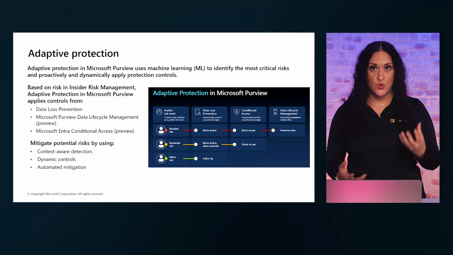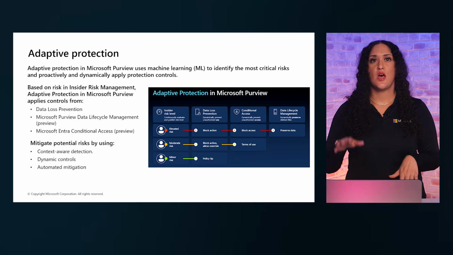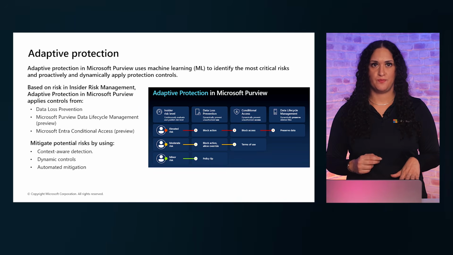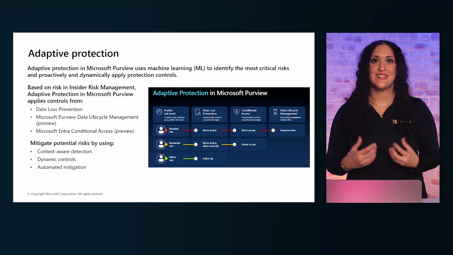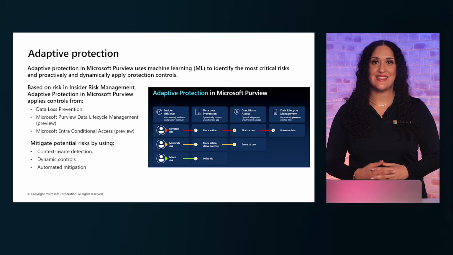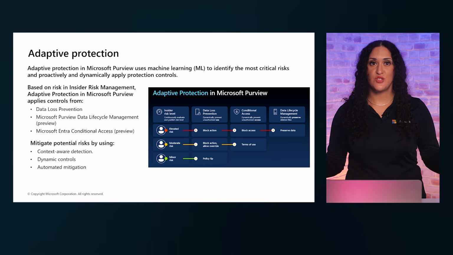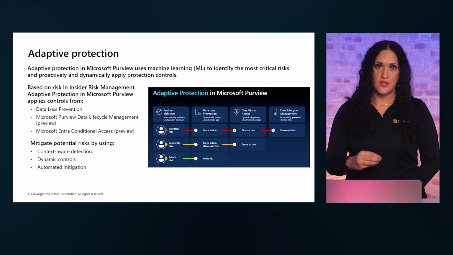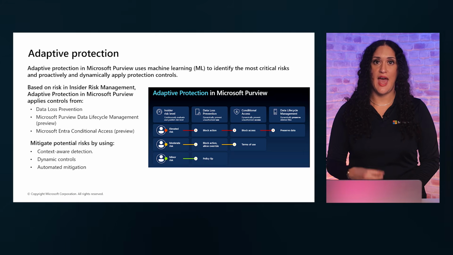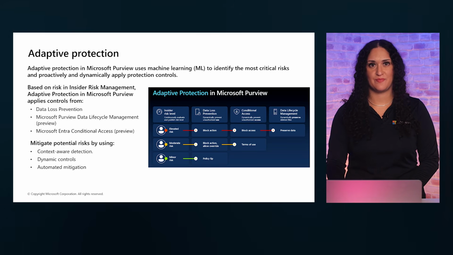High-risk users might see stricter DLP rules or blocked access, while low-risk users continue with minimal disruption. This context-aware approach helps prevent data leaks and insider incidents without slowing everyone down. So we end up with smarter security, faster mitigation, and reduced admin efforts because protections are applied automatically and adjusted as behavior improves or risk decreases.